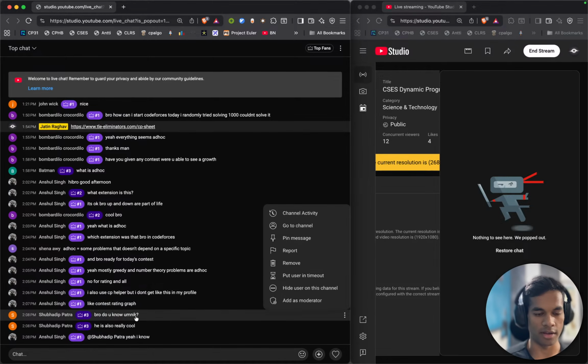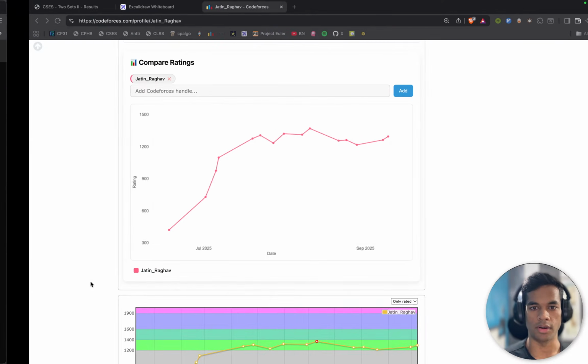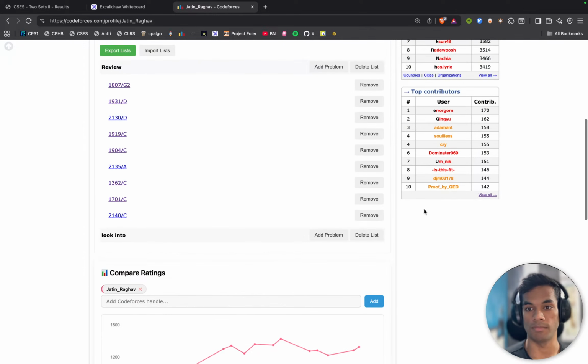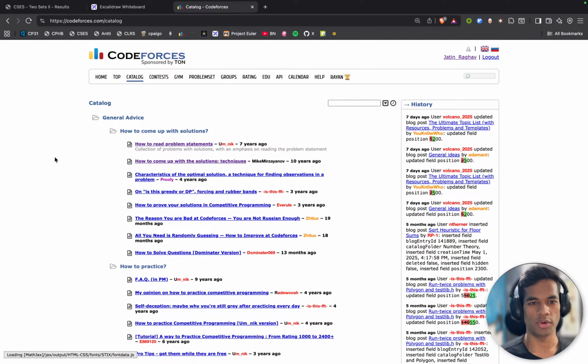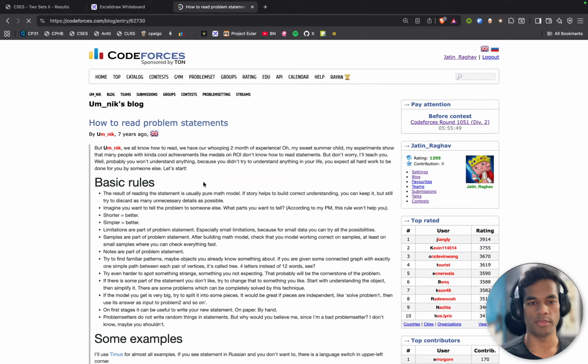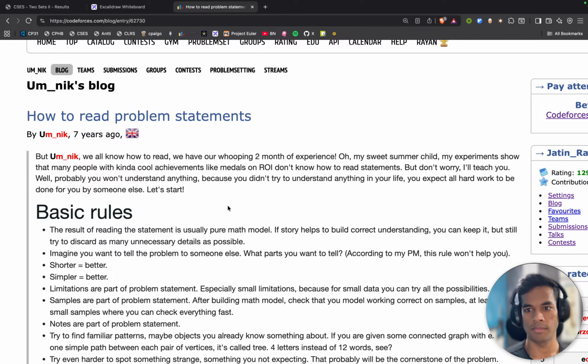Umnik is nice. I read his article on how to solve a question. Right here, catalog. I guess it was 11 years ago when he wrote the article, how to solve a question. 7 years ago, how to read problem statements. Umnik. And yeah, he began this article in a very funny way. But Umnik, we all know how to read. We have our whopping 2 months of experience.